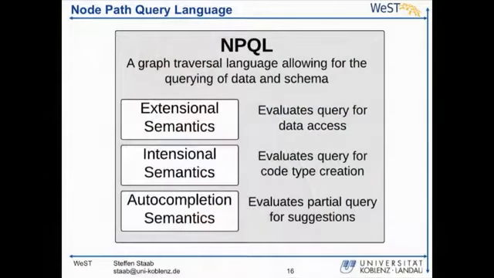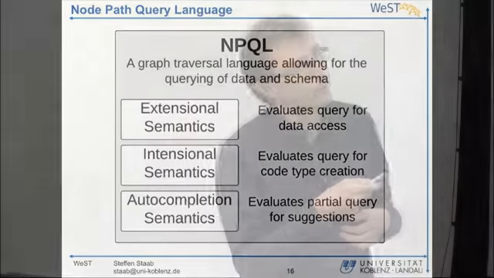Now, the core idea of supporting these different tasks is to have a kind of query language, which we call NPQL. NPQL is the node path query language, and it allows you to traverse the RDF graph that contains information about the schema and contains information about the data. So the nice thing about RDF is that it hardly distinguishes the two. They are not really completely separate.